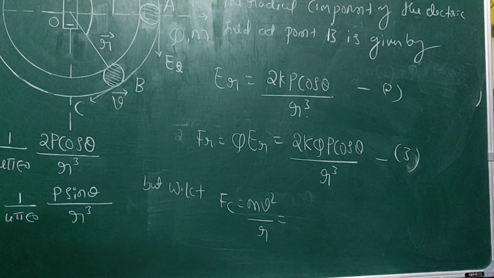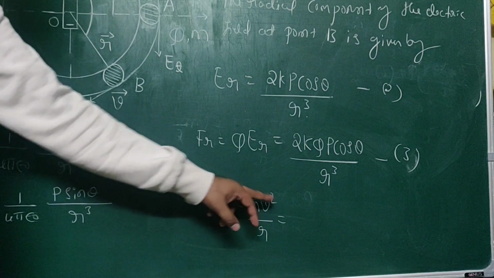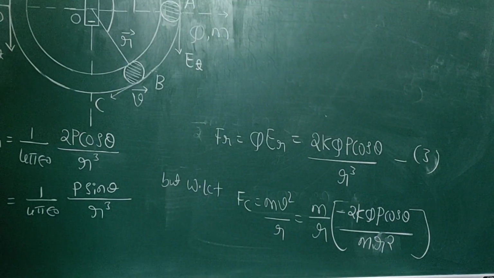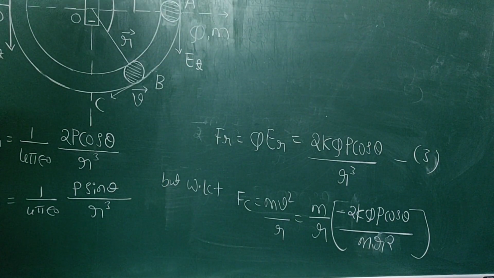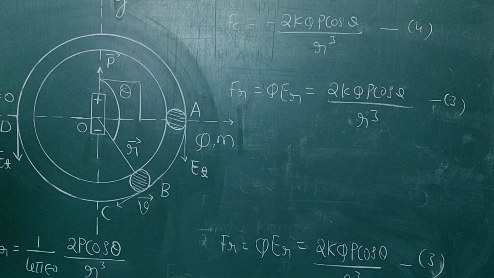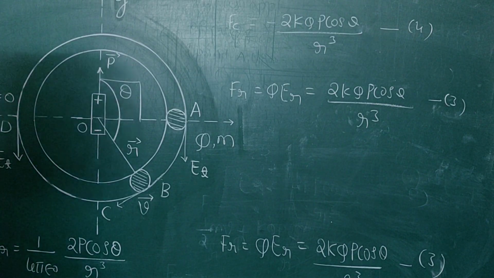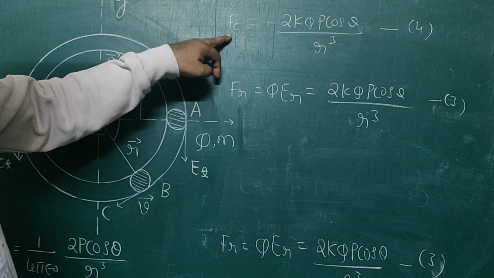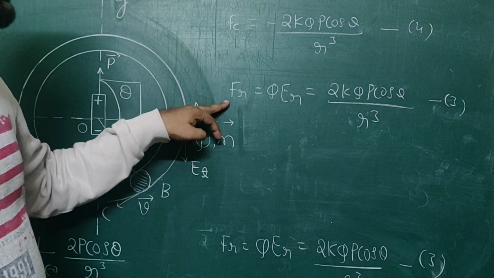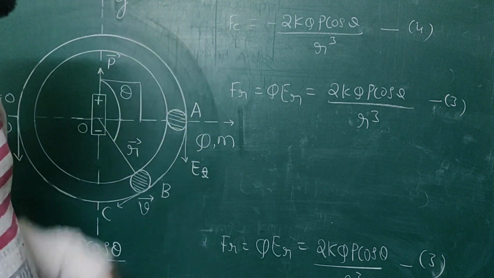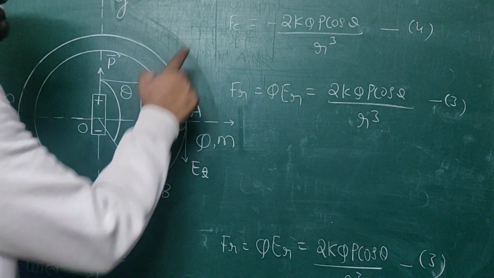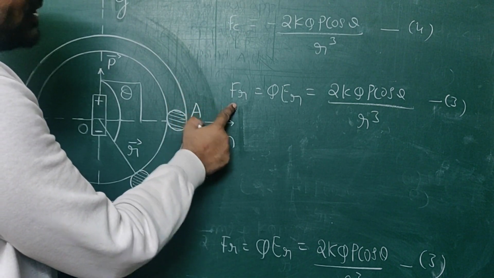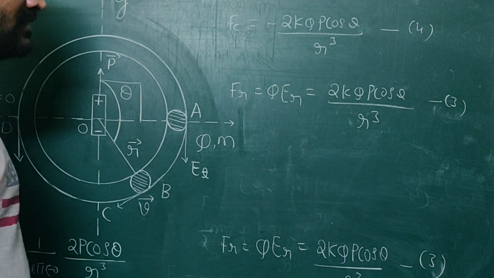But we know that the centripetal force acting on the bead is given by mv square by r. If I substitute the value of V from equation number 1 here, let us simplify this equation so that we will get the expression for centripetal force. Equation number 4 gives the centripetal force acting on the bead, and equation number 3 gives the radial force acting on the bead. As equation number 3 and 4 are identical, we can confirm that the centripetal force acting on the bead is entirely provided by the radial force acting on the bead, which is produced by the radial component of the electric field.